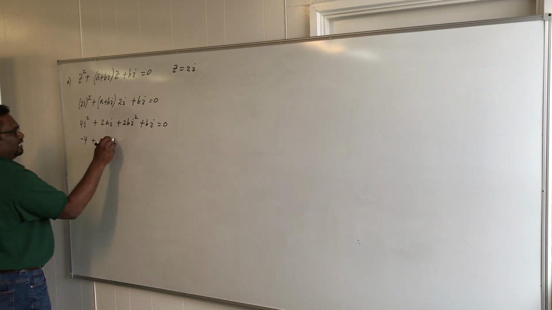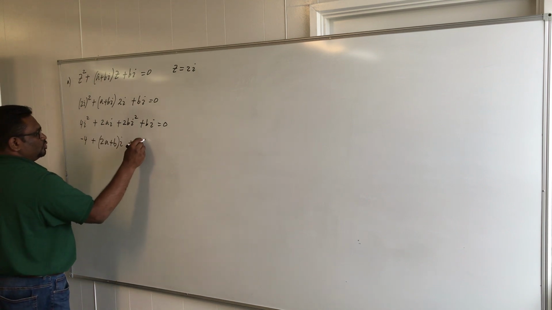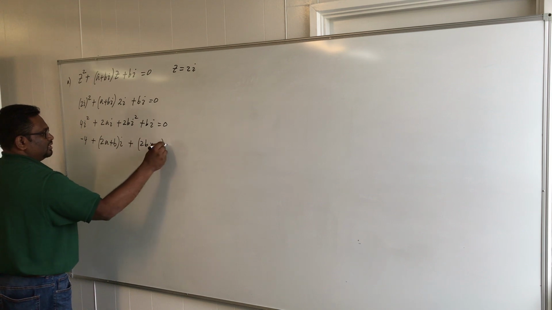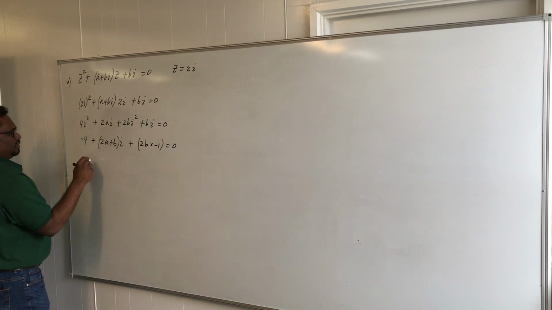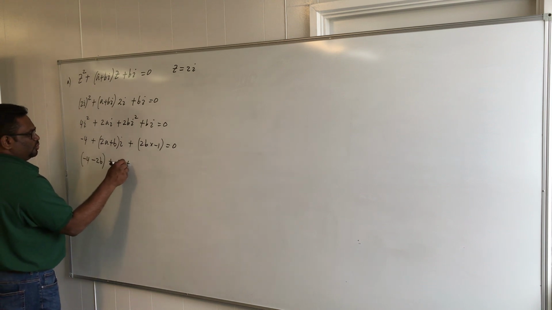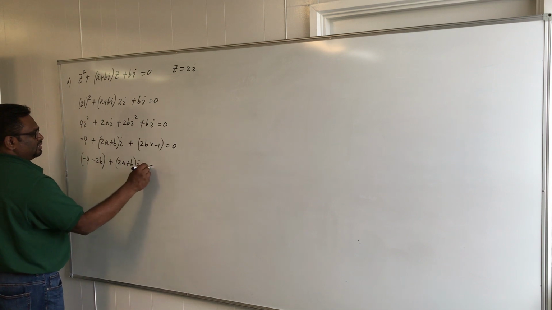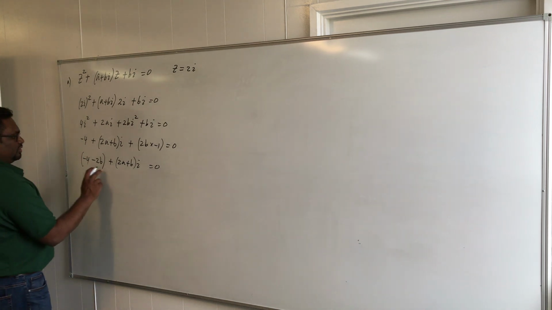So 2a plus b, i, plus 2b times minus 1, is equal to 0. So you get real terms minus 4 minus 2b, that's a real term, plus (2a plus b)i is equal to 0, right?